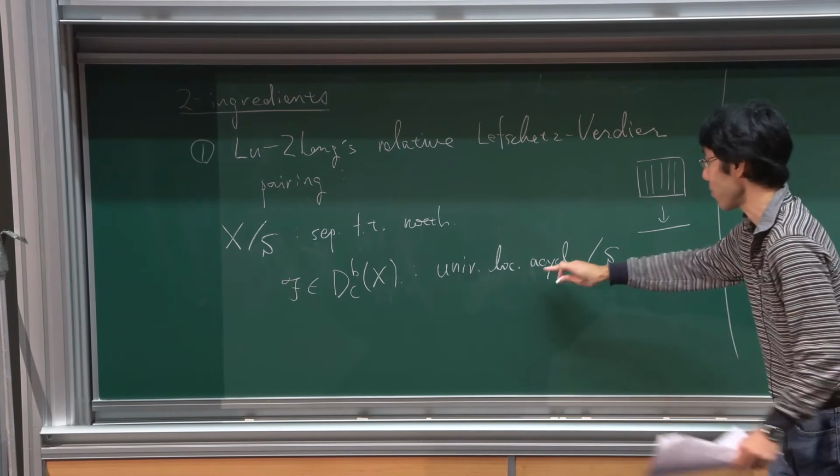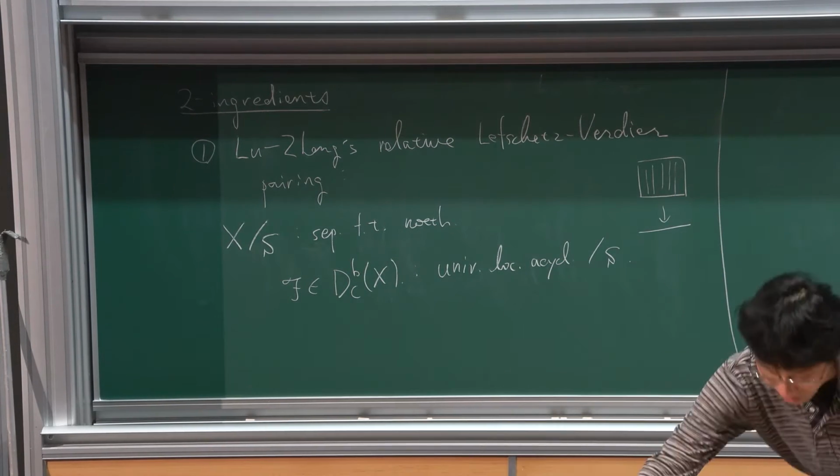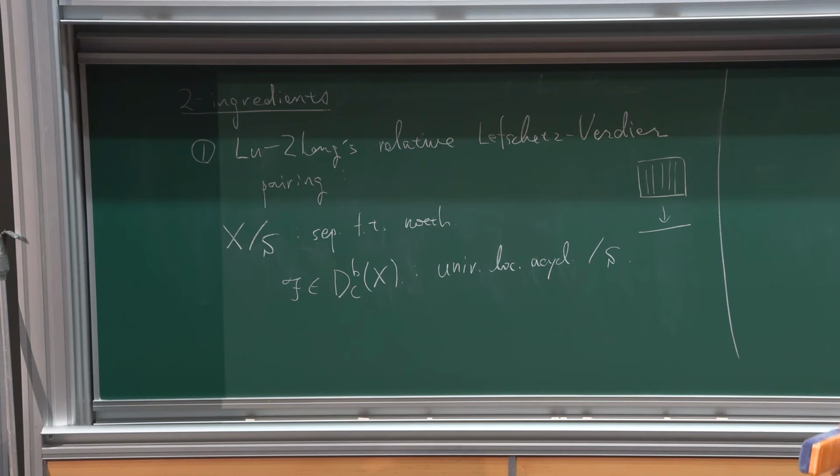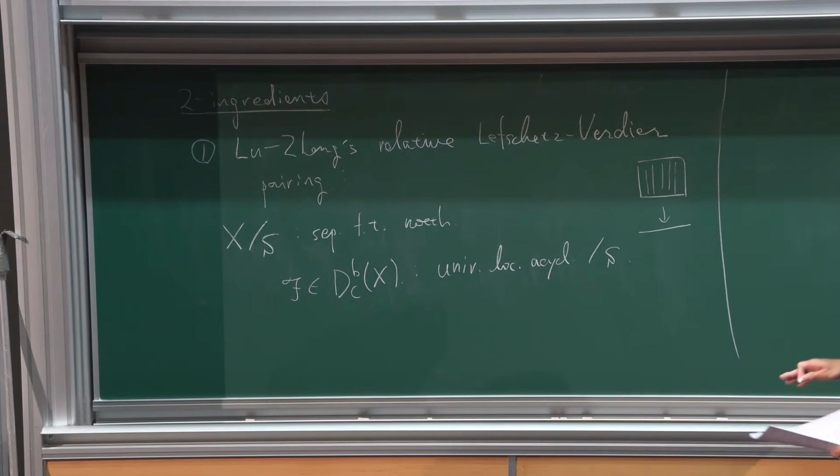Somehow it's relaxing smoothness with respect to this direction. That's the rough idea. It's locally constant when X and S are the same. So this is a sort of smoothness condition with respect to this fibration.